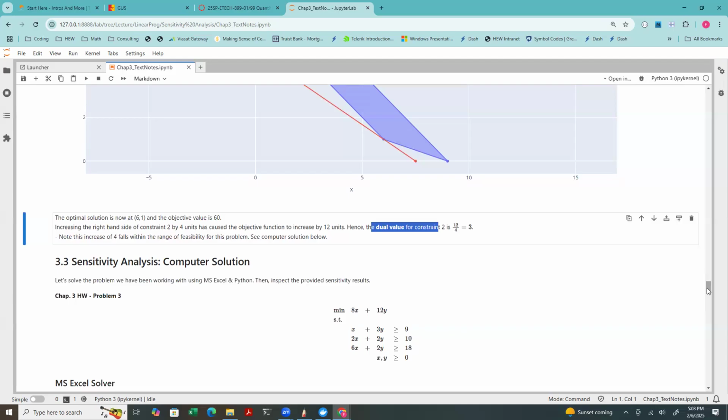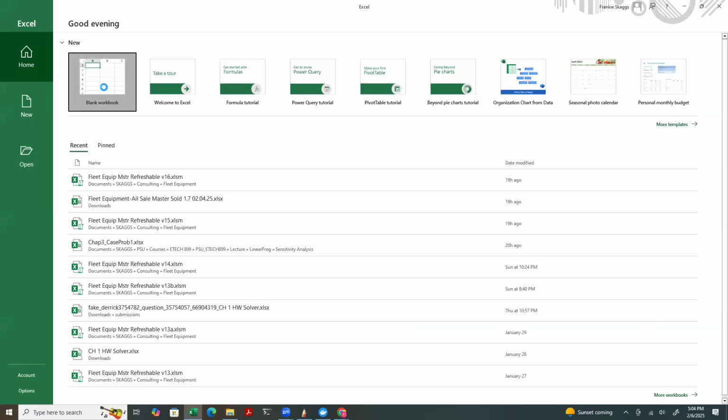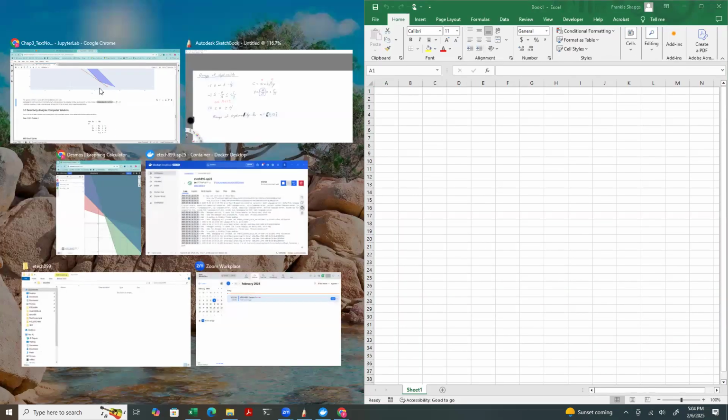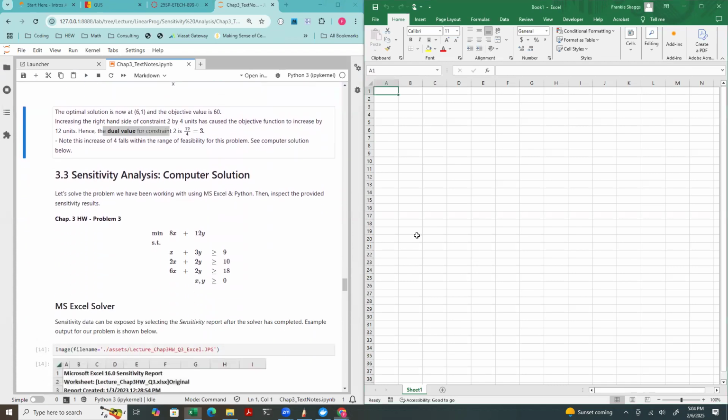You've probably gathered that in a lot of ways I prefer using the Python tooling because of its benefits with respect to the scale of problems. But this week I actually do favor the MS Excel Solver, largely because of the way it formats the results. I'll show you that as we talk through section 3.3. First I'll solve this the way we have been doing it and show you how you can get the sensitivity analysis in Excel.